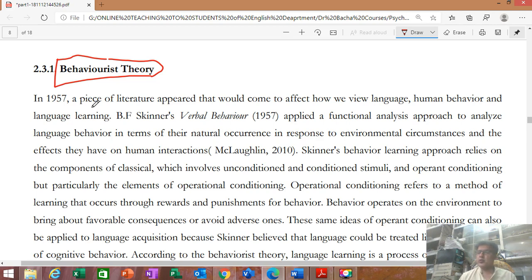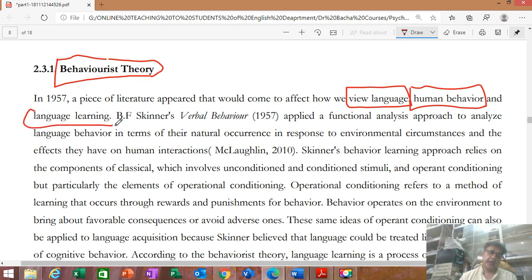That piece of literature would come to affect how we view language, how language is viewed as human behavior, and language learning. Right? These are very important issues in language learning.